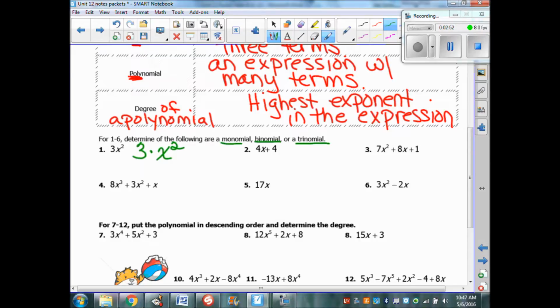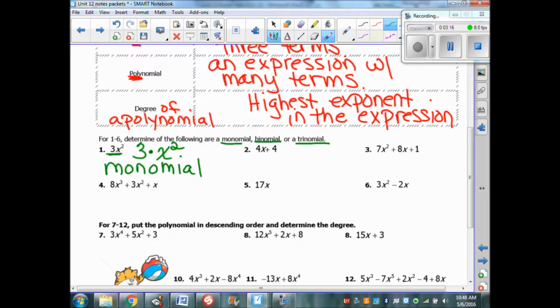It's still one term. If there was a subtraction sign between the 3 and the x squared, or an addition sign between the 3 and the x squared, then it would be considered two terms in a binomial. But the multiplication between this indicates that this is a monomial.